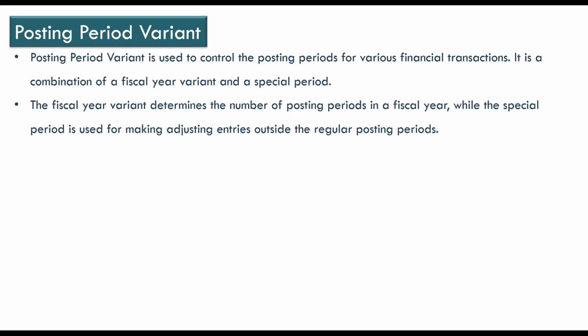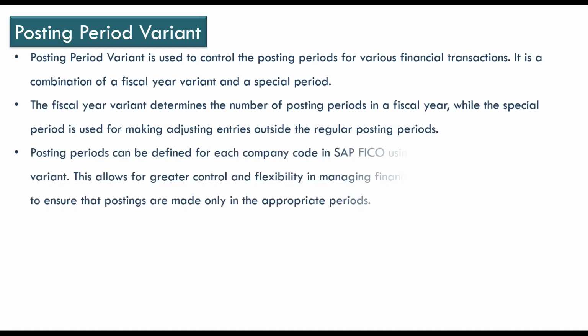Okay. In the interview, they'll ask what are the month end activities we have in SAP FICO. So the first is posting period variant, which controls the posting period of the financial transactions. Posting period can be defined for each company code in SAP FICO using the posting period variant.